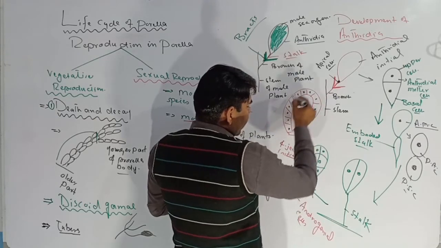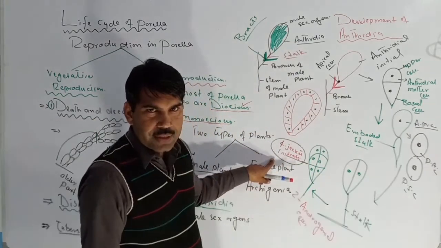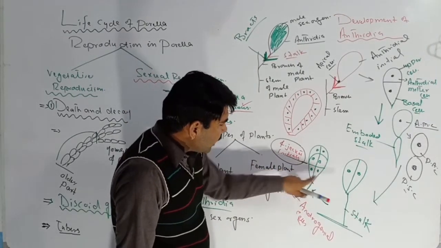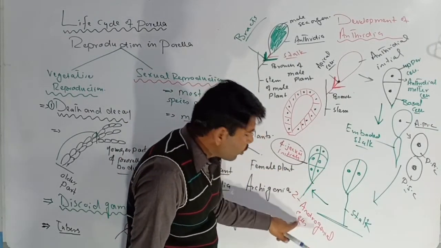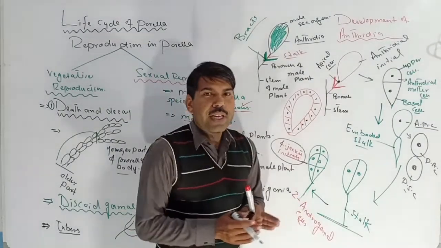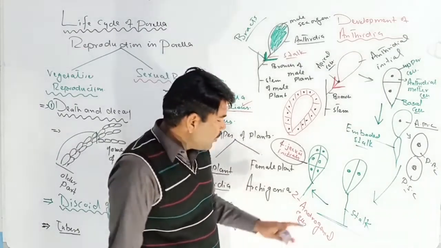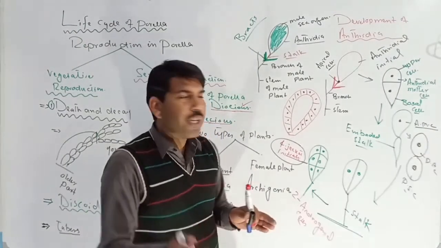This wall of the antheridium is produced by these four jacket initial cells, and the remaining two cells are known as androgonial cells, and these androgonial cells actually divide.